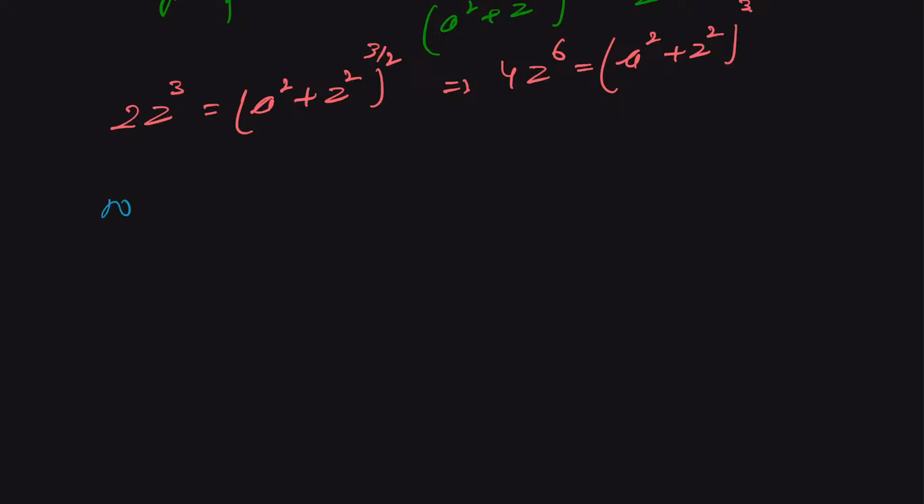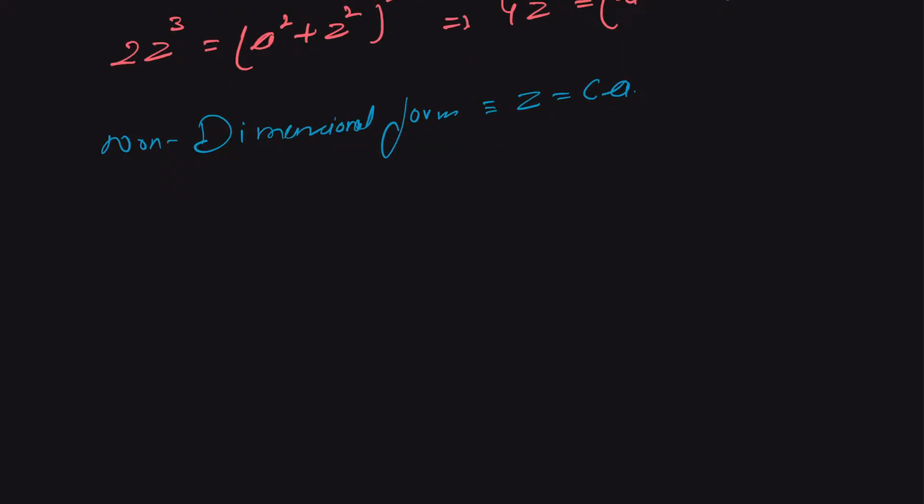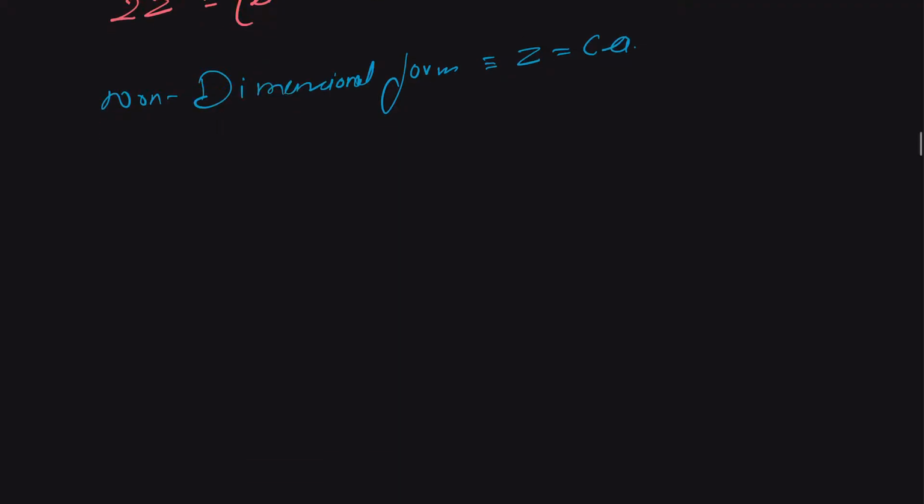So we are going to use non-dimensional form, and for that we are going to assume that z is equal to a constant c times a, okay, because z is nothing but the distance and it will be a multiple of our a, so c times a, and therefore this helps us in solving for our a.